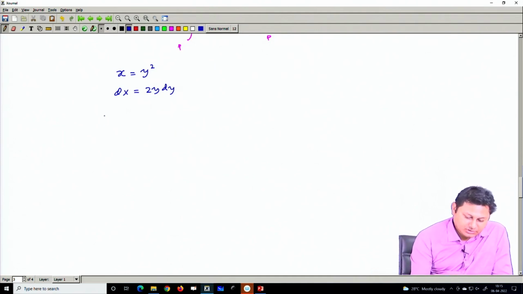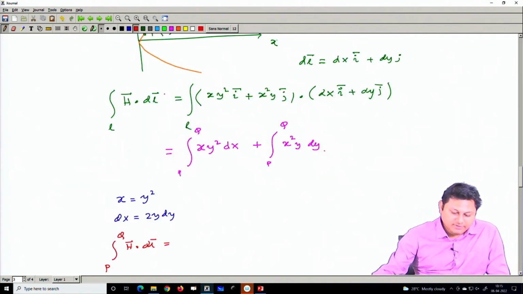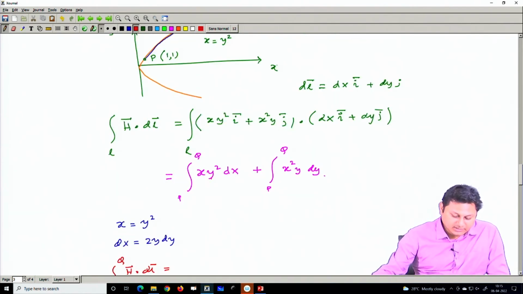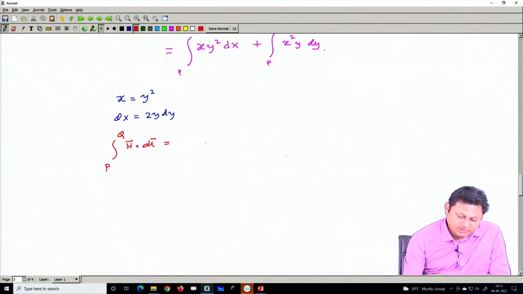Then I am going to use this in the expression. I need to find the line integration of H dot dl from P to Q. If I convert everything in terms of x, then my limit is simply 1 to 4.